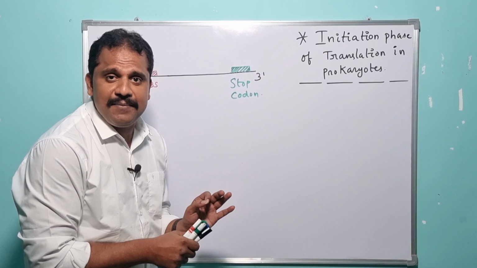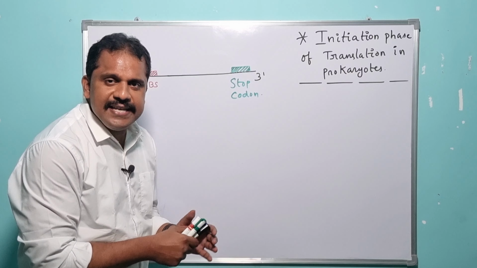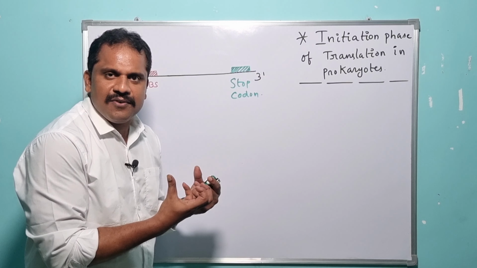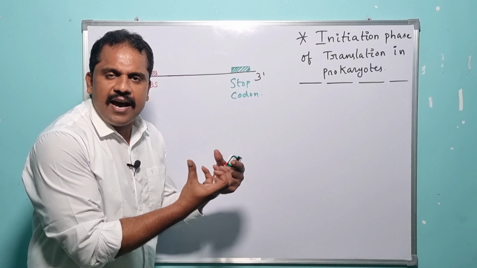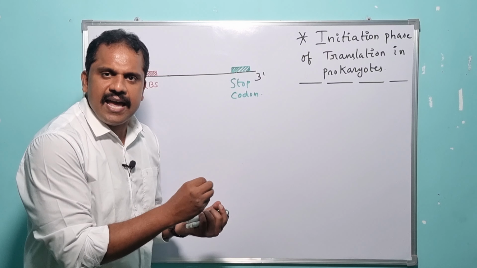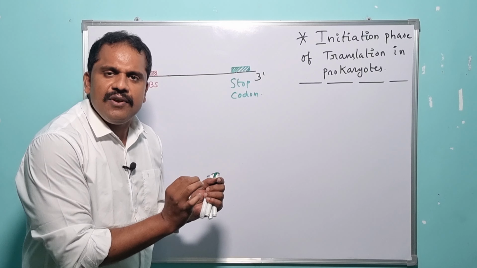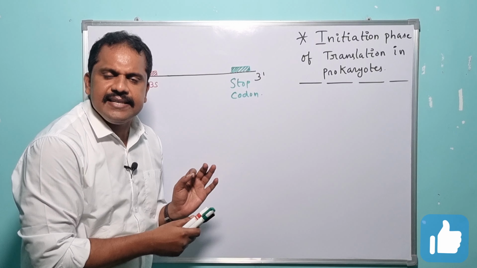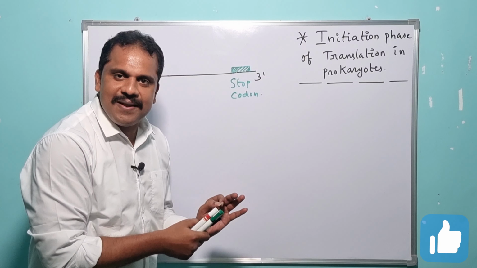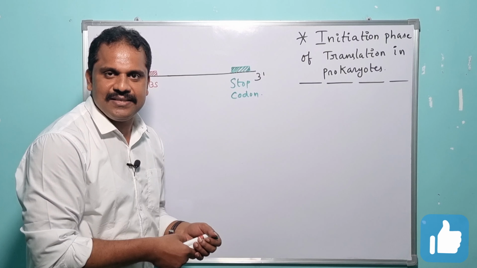As the name itself suggests, it is the specialized site where the small subunit of the ribosome binds the mRNA. In order to recognize the mRNA, the small subunit of the prokaryotic ribosome takes advantage of the ribosomal binding site, or Shine-Dalgarno sequence.